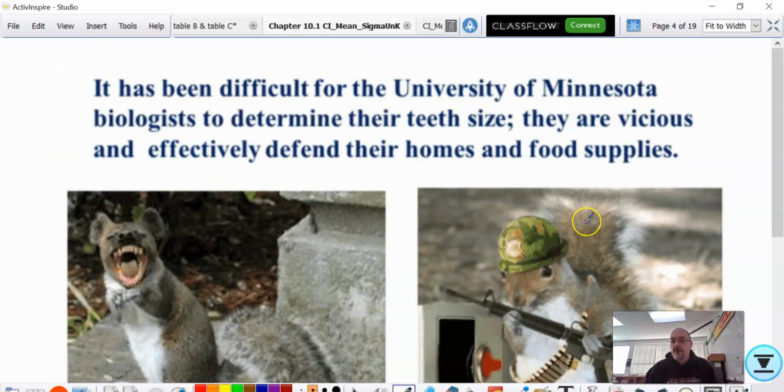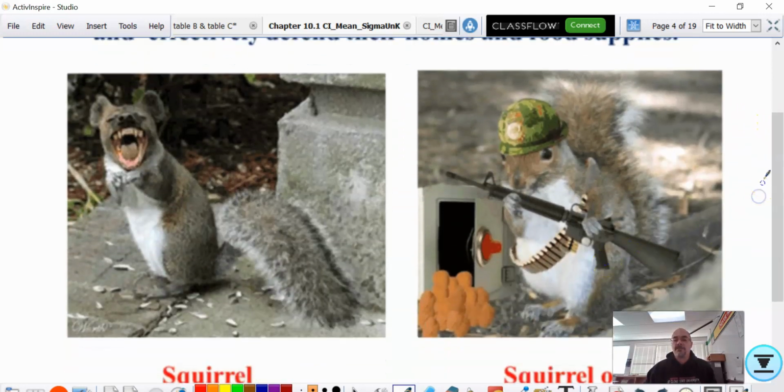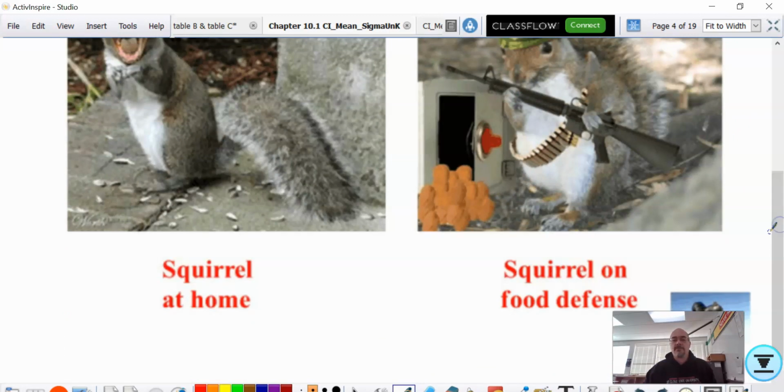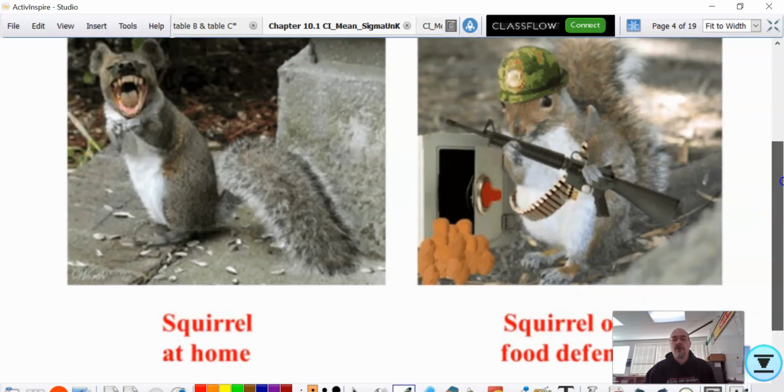It has been difficult for the University of Minnesota biologists to determine their teeth size. They are vicious and effectively defend their homes and food supplies. Okay, squirrels at home, squirrels on food defense.